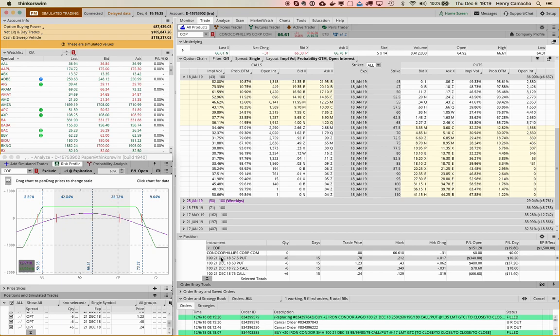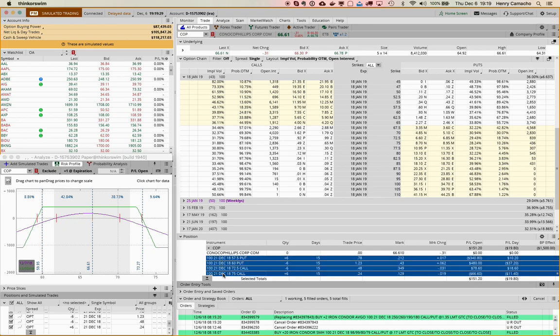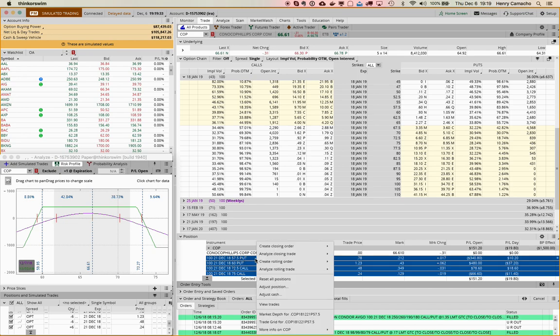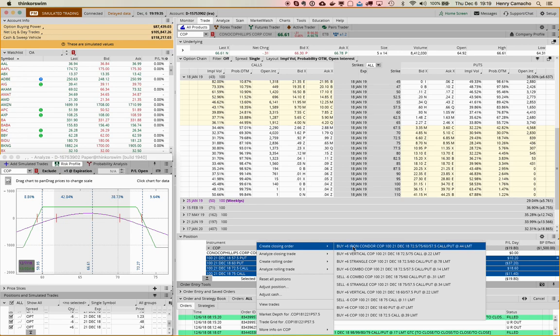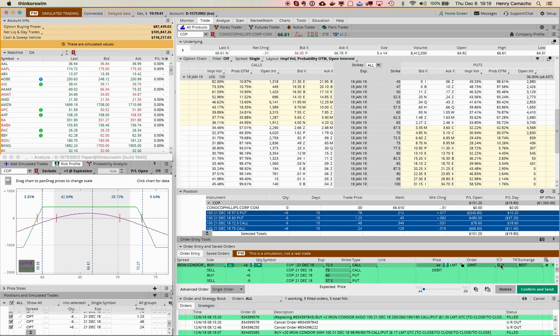So basically what I do is I click the first one, hold the Shift key down, end up with the whole position, right click, create closing order, buy Iron Condor, at 44. This is the current market, so 44 is where we're at now. And if I'm going to go to 69, I want something like 37, no, 34, 35, maybe.